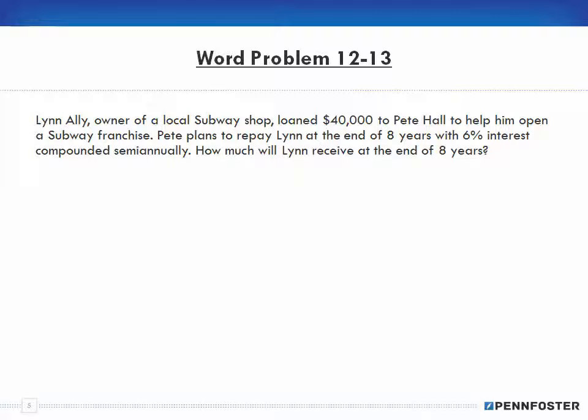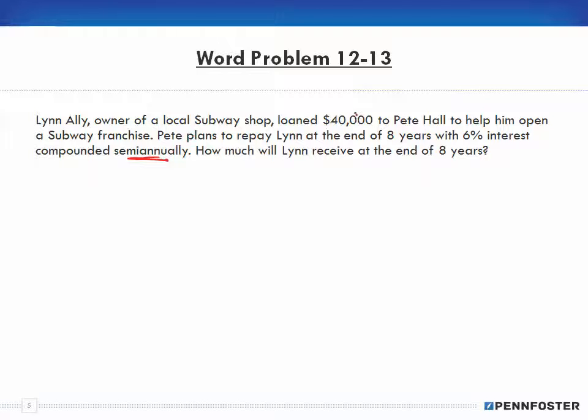Okay, so word problem 12-13. It says Lynn Alley, owner of the local Subway shop, loaned $40,000 to Pete Hall to help him open a Subway franchise. Pete plans to repay Lynn at the end of 8 years with 6% interest compounded semi-annually.